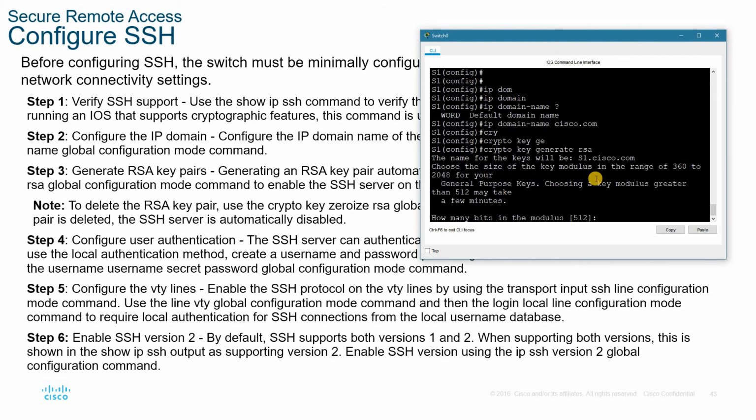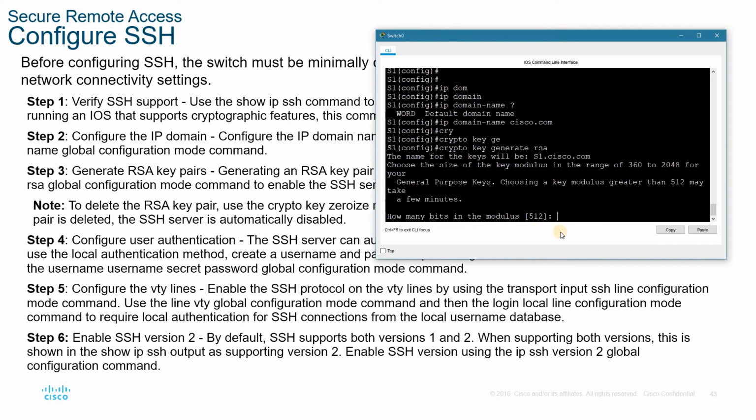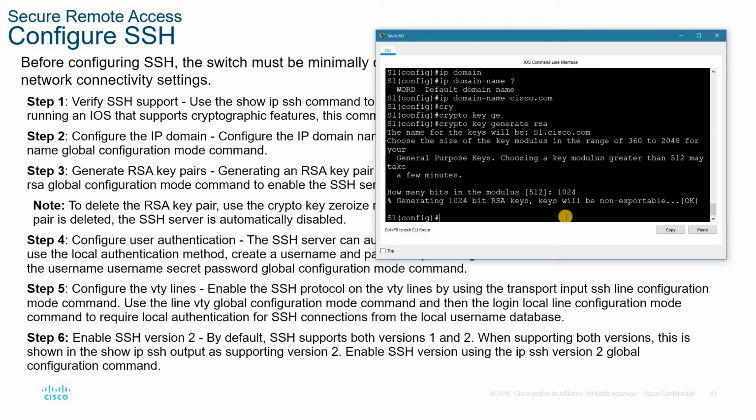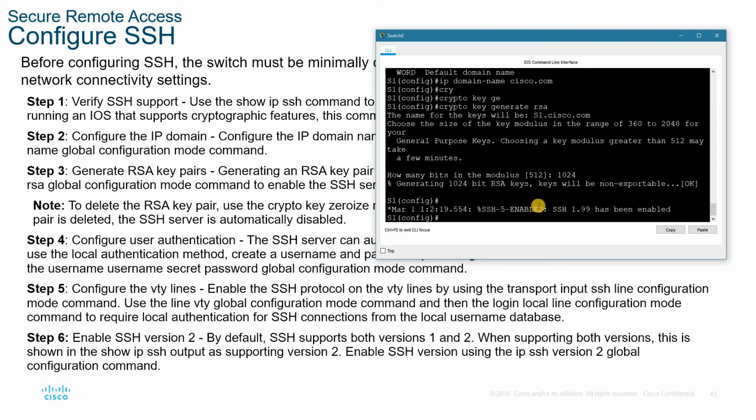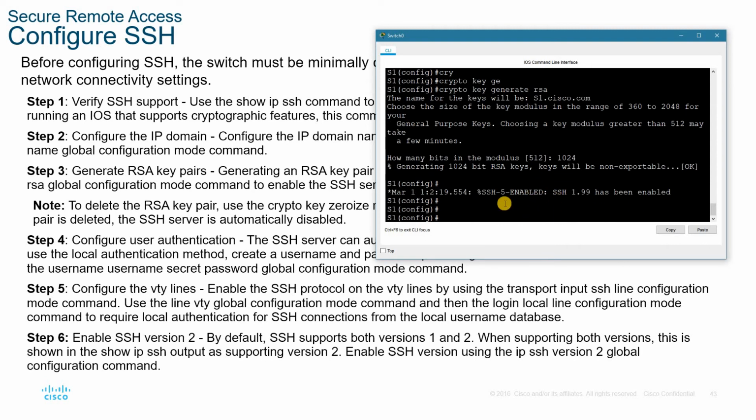So take note, and then tatanungin ka niya how many bits in modulus. So the minimum is 512. So doblehin lang natin 1024 just to make it longer, for example lang, enter. Alright, so just take a look at the values, no? So now, after you do that, sabihin niya, okay, SSH version 1.99 has now been enabled.